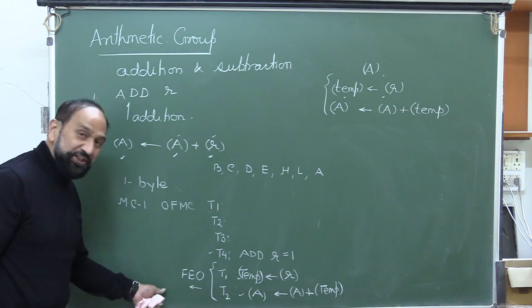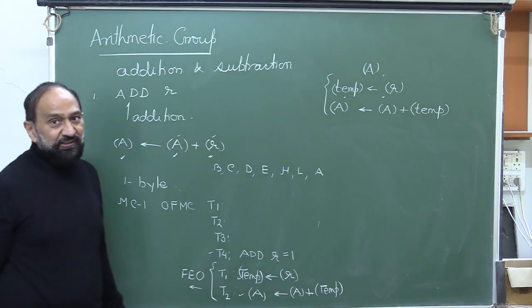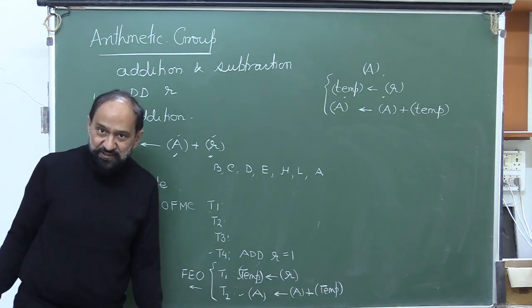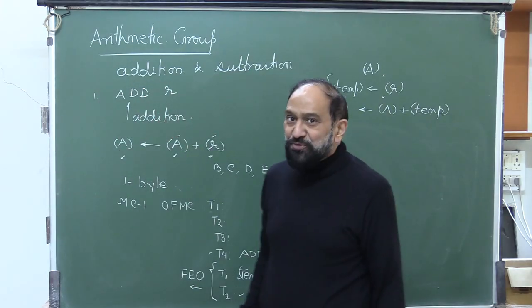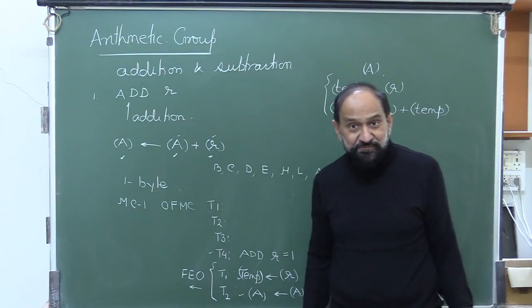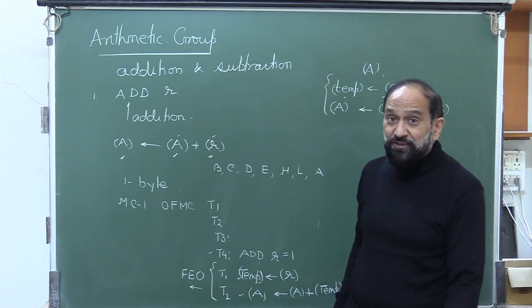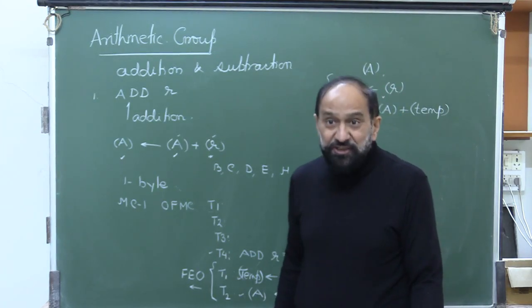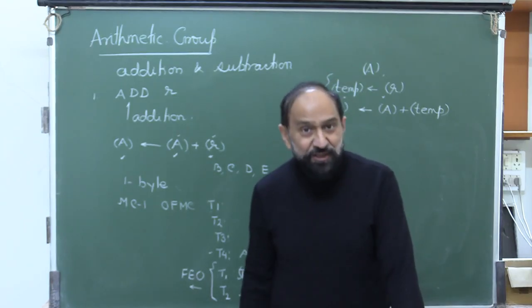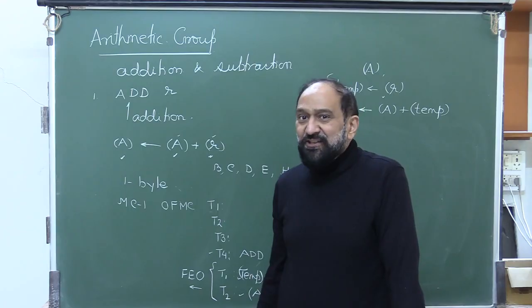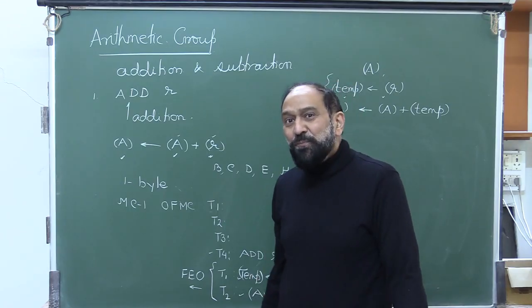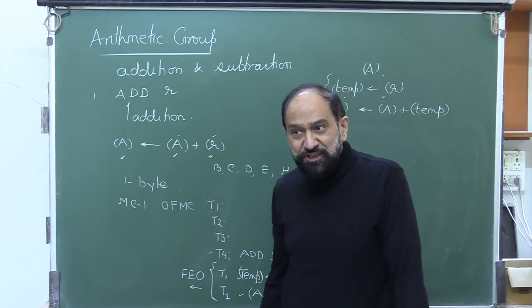During T1 and T2 state, internal data bus is free. Only thing is, program counter outputs the address on address bus. ALE is issued. In T2 state, read bar becomes low, PC is incremented, and the external memory puts the information on the data bus.